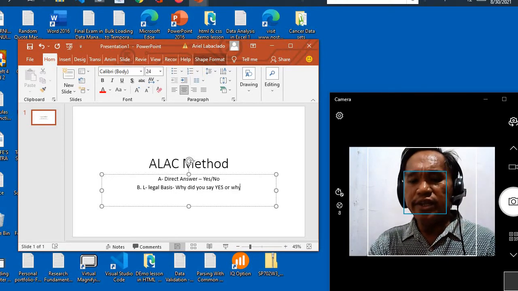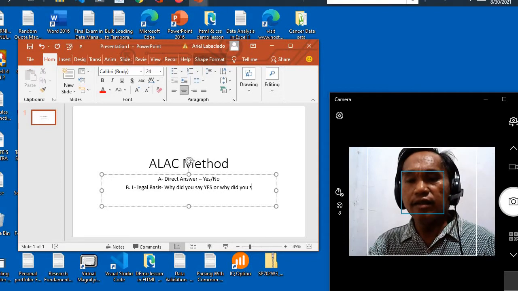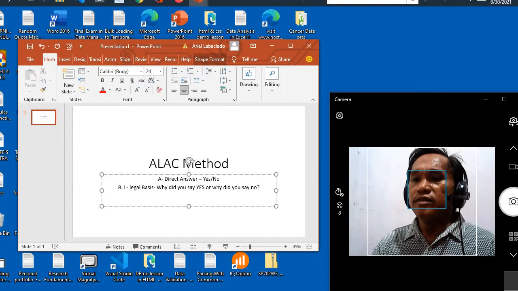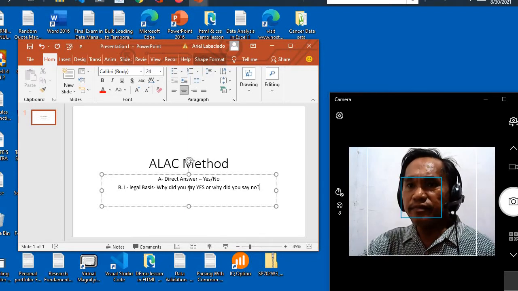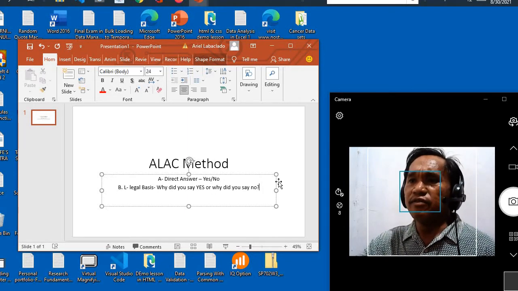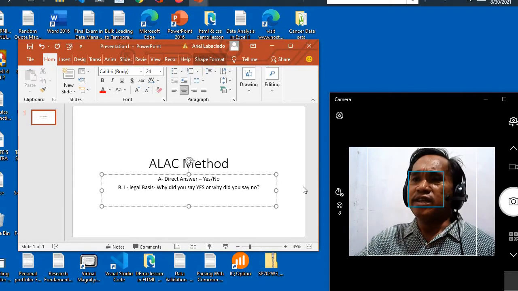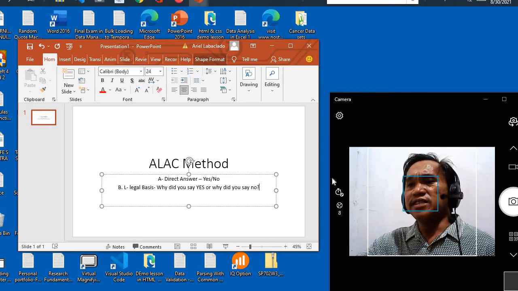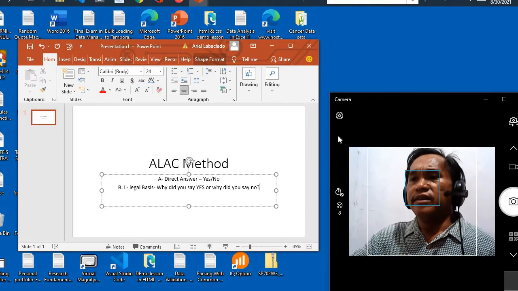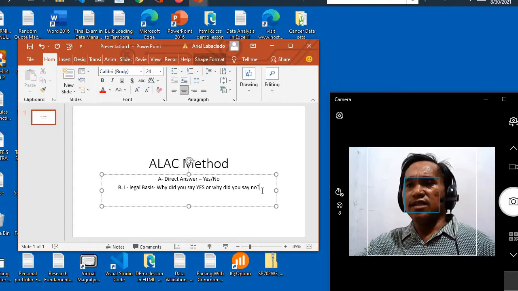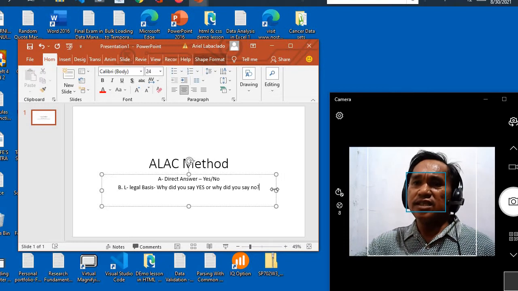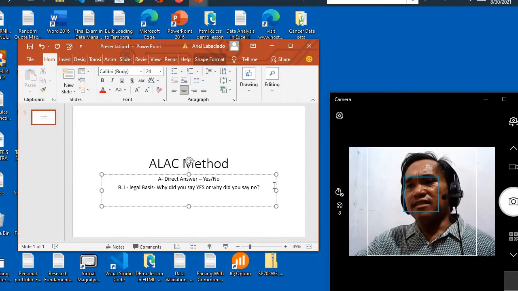In the ALAC method, for the legal basis, of course, you cannot memorize all the codal provisions. So you just say under the law, or if it is a case law, under a case law, or say under a jurisprudence. You can state that in that way.